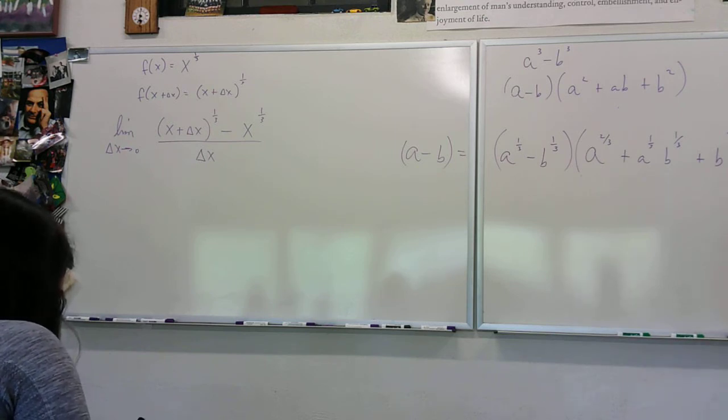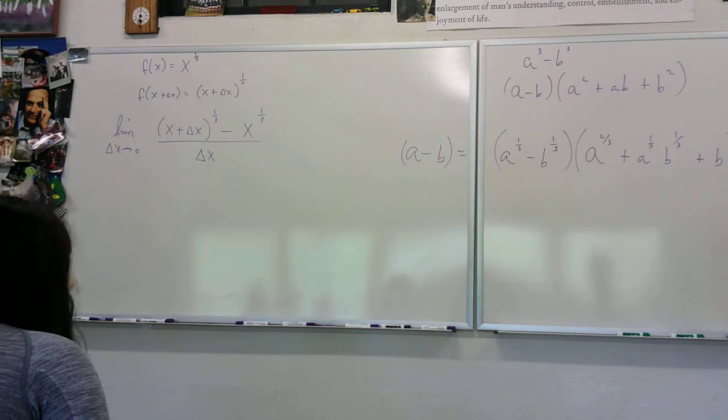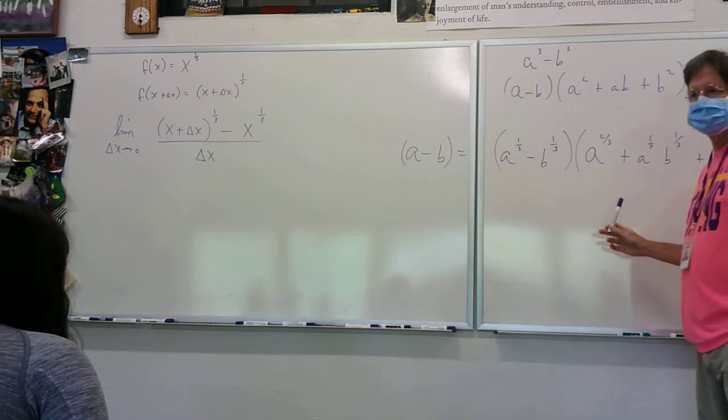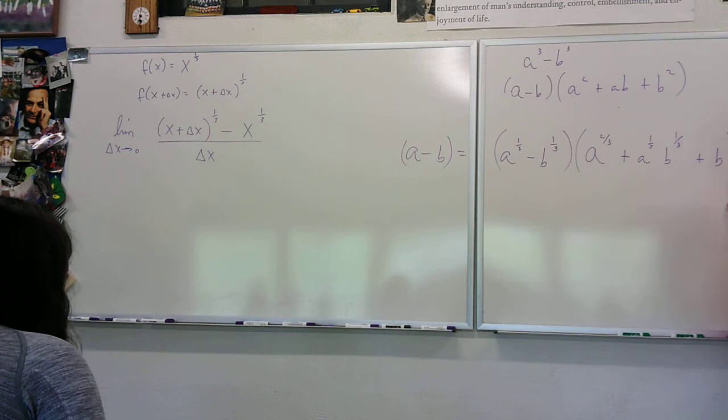Anytime you're trying to prove the derivative for a cube root, you're going to have that formula right there. Because it tells you this little bit of information right here. I'm about to use that.